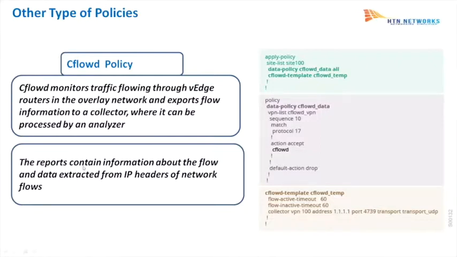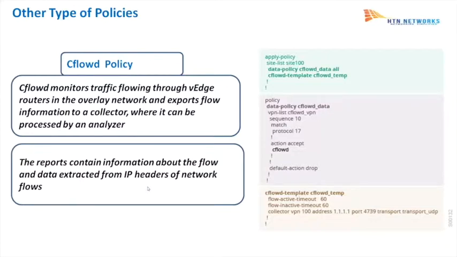And then you can generate reports from there. The reports contain information about the flow and data extracted from IP headers of the network. So when you have IP traffic moving from one device to another device, every IP packet has a header, and that header has various kinds of information like the source IP address and the destination IP address. Source IP means where this packet is coming from, and destination is where it is going to.